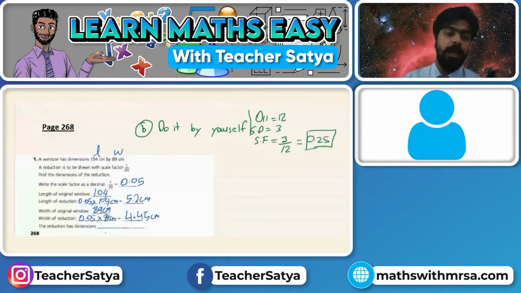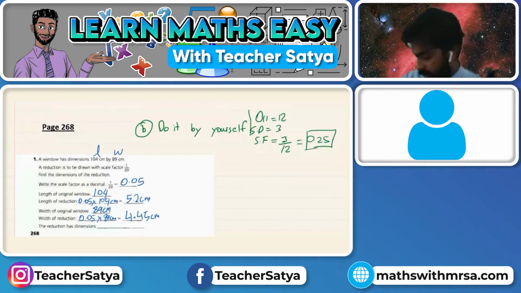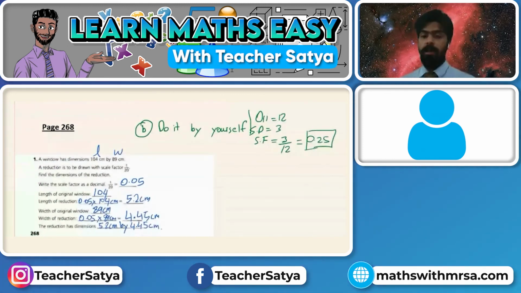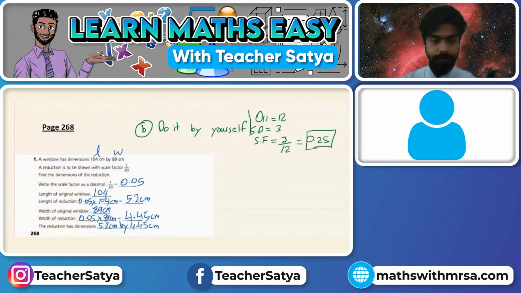Now, therefore, the final answer, the reduction has dimensions 5.2 centimeter by 4.45 centimeter. So that would be our final answer. Understood, guys? Following up?